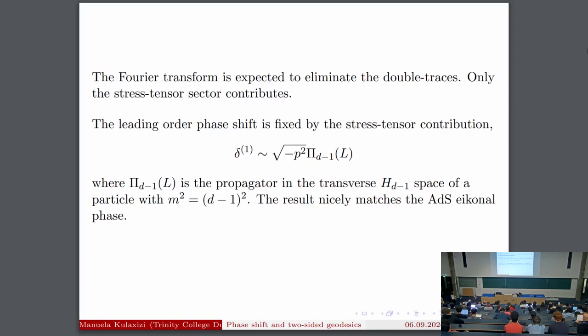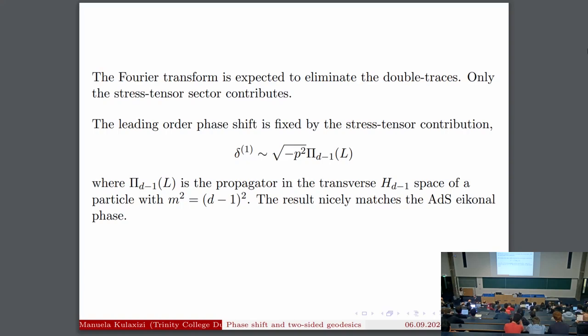Now, the leading order phase shift you could compute with very complex techniques that involve a Mellin space integration and the Regge limit and Regge theory. But after this whole song and dance, you can get a very simple result at first order in mu, which depends on s, and the square root of minus p squared.